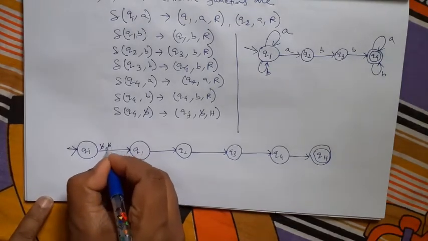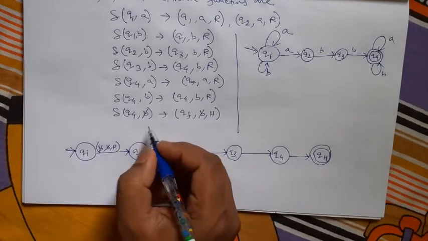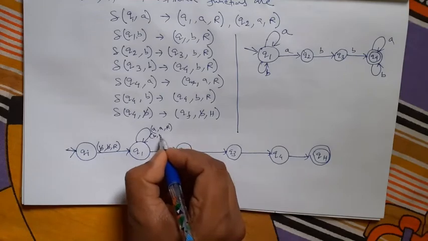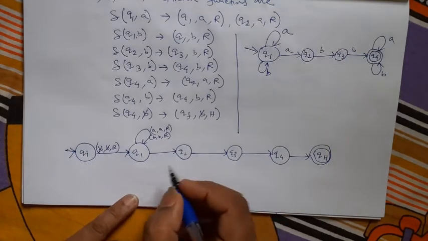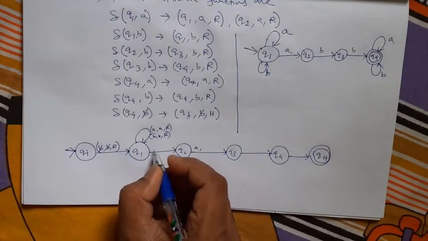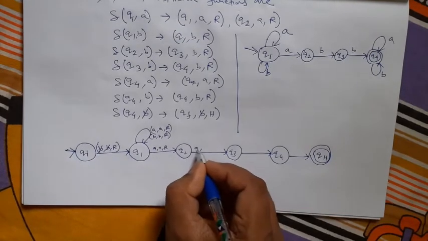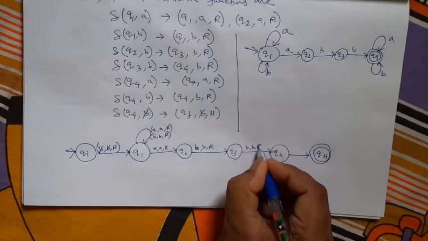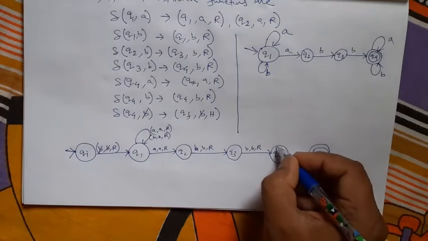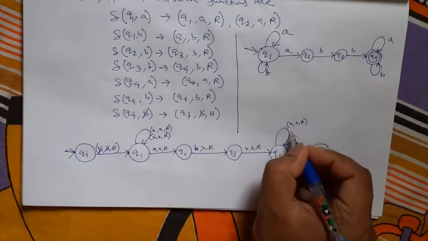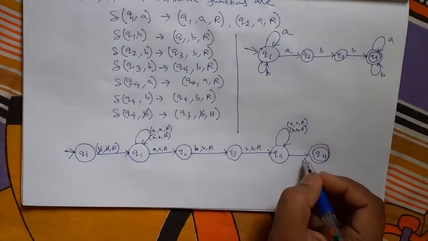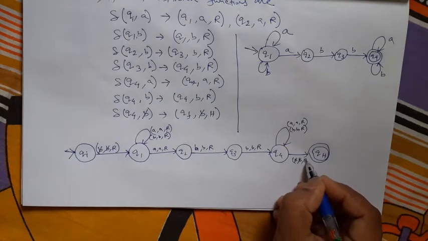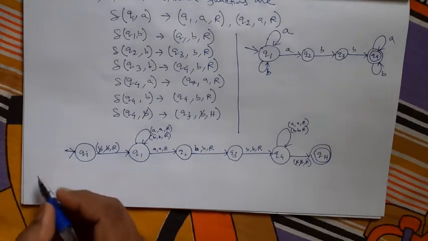Initially it starts with blank, R. Here it can read a comma R, b comma R, then a comma R, then b comma R, then b comma R, and at q4 there will again be a and b, and here again blank, null, R. So this is the representation of the Turing machine.